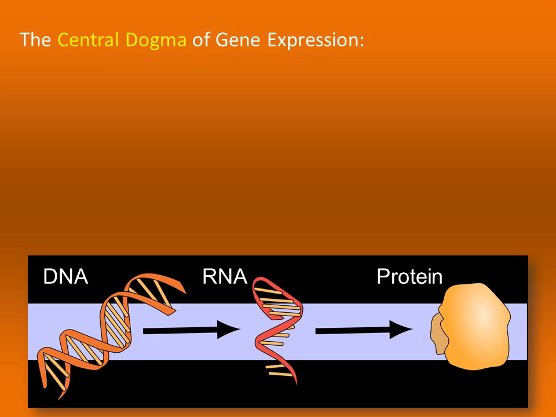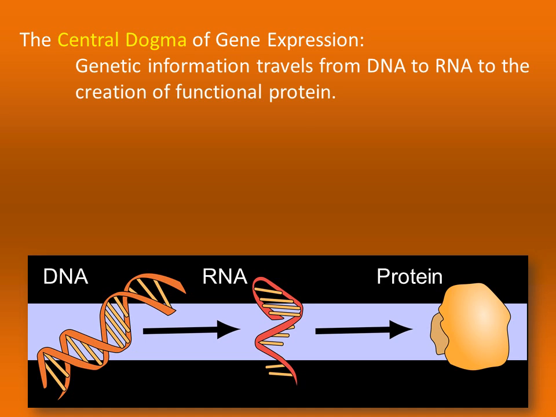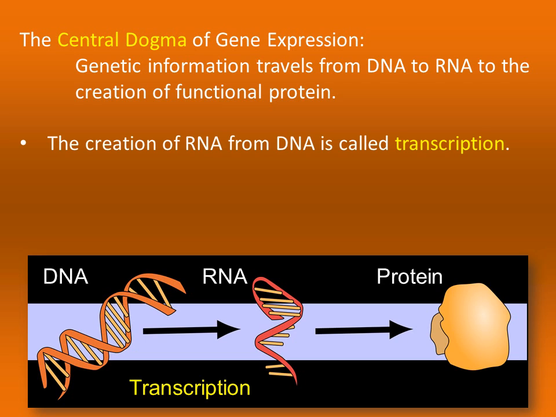Now, scientific evidence has shown that information does not come directly from DNA to build the protein, but it must first be mediated through the formation of RNA, and this is called the central dogma of gene expression. Genetic information travels from DNA to RNA and then to the building of the protein from that RNA, what we call the transcript.